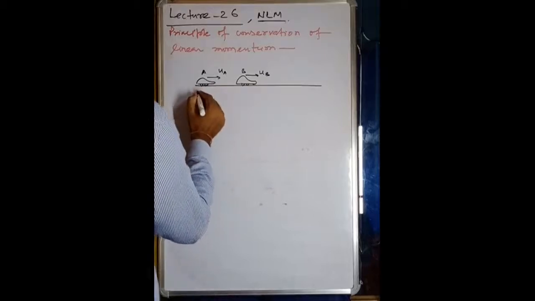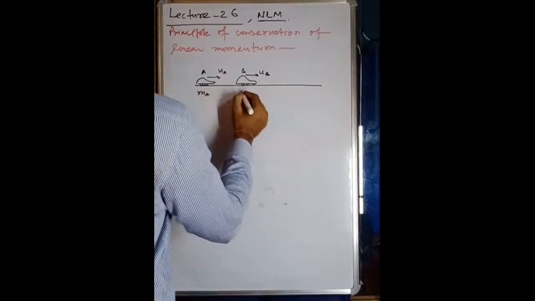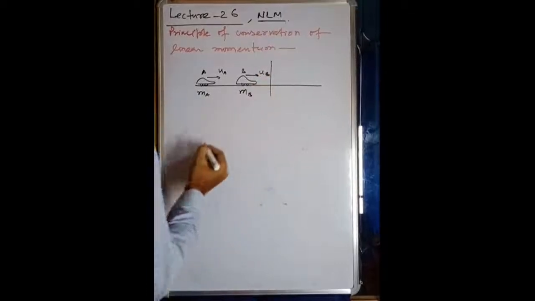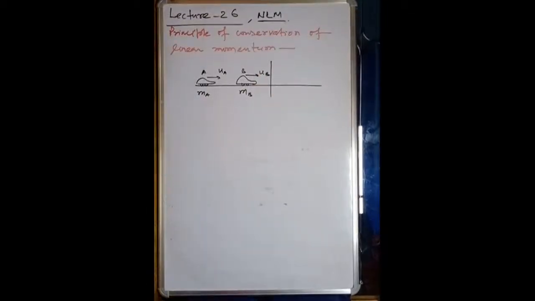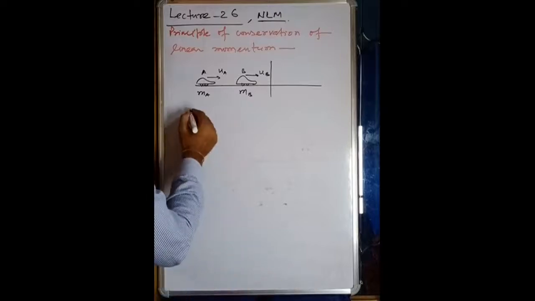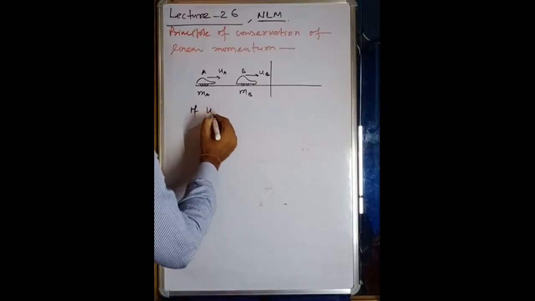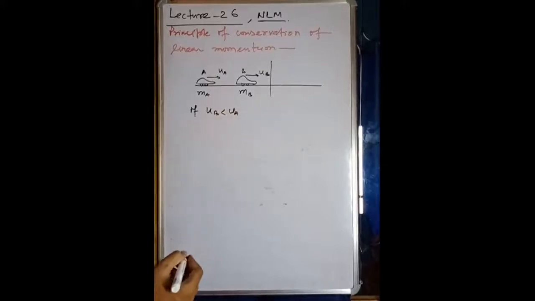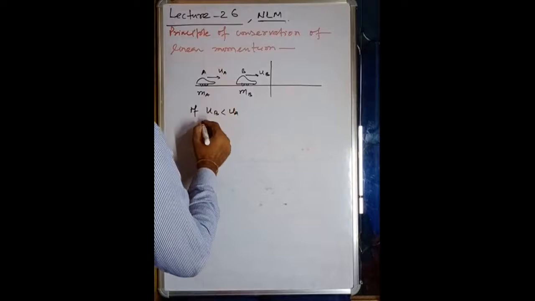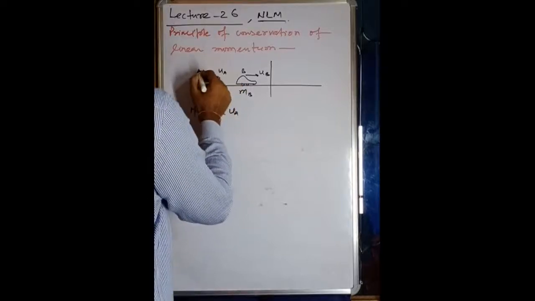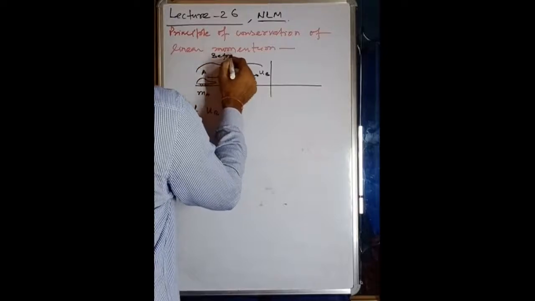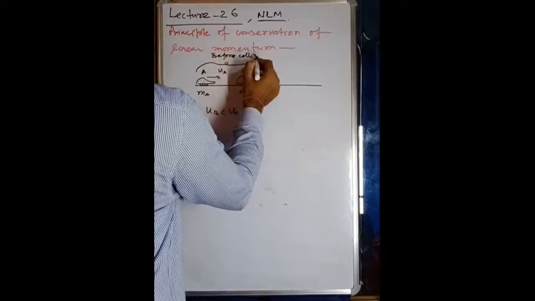The masses are MA and MB. Suppose UB is smaller than UA, what will happen? There must be some collision. So this is the case of before collision.